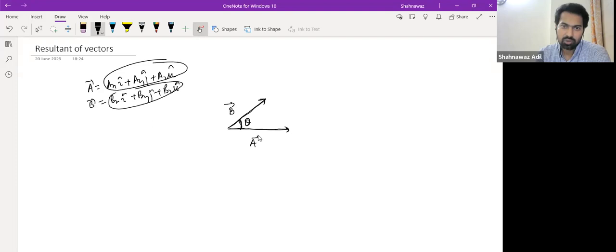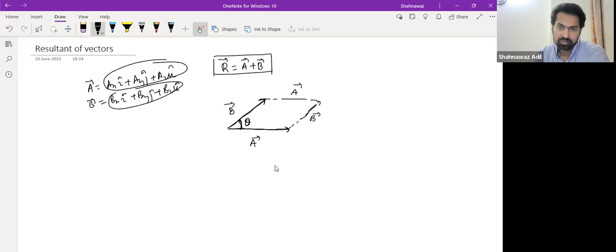So to get the resultant, which is A plus B, we use the parallelogram law. What is the parallelogram law? We place the B vector on the head of the A vector, and we draw the parallel to B vector. Then on the head of this B vector, we draw a parallel vector to A. What is the quadrilateral that we get?